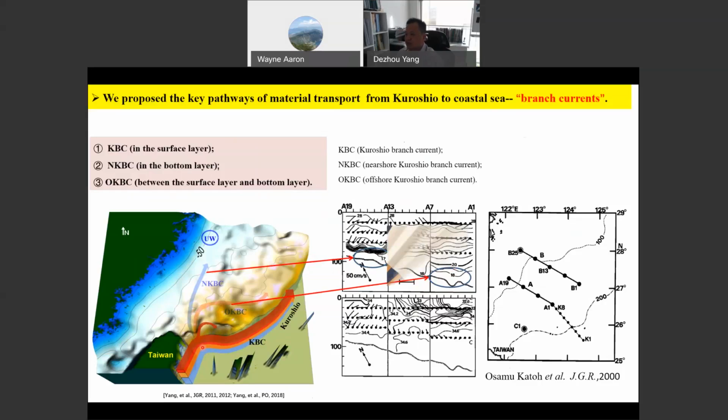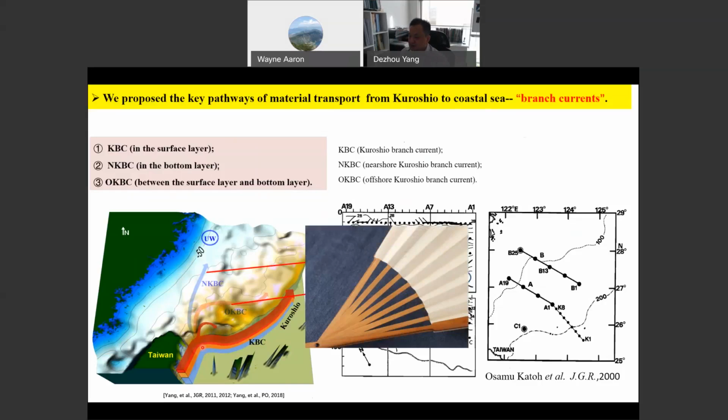So this crucial branch current circulation pattern looks like a paper fan. The nearshore Kuroshio branch current, the offshore Kuroshio branch current, and the Kuroshio branch current at the surface layer. So it shows a very beautiful left-hand spiral.